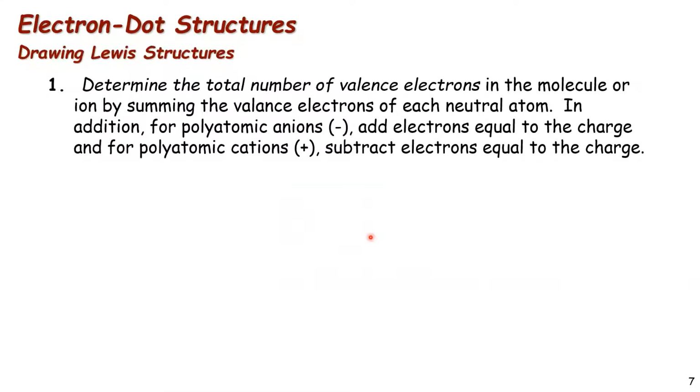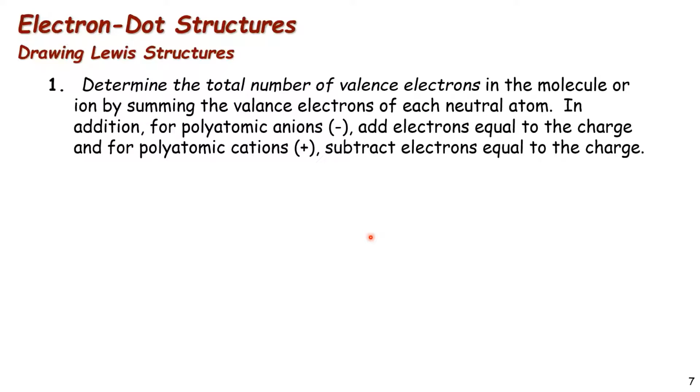Okay, so a few rules for actually writing Lewis dot structures. First, you have to determine the total number of valence electrons that you're going to need to draw that molecule or polyatomic ion. And if it is a polyatomic ion, you're also going to have to account for the charge. So basically, we're going to add up all of the valence electrons for each individual atom, assuming they're all neutral.